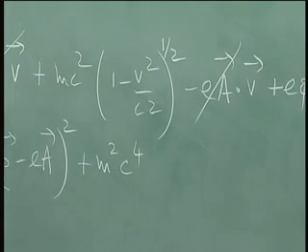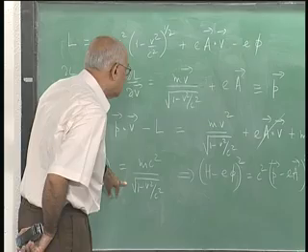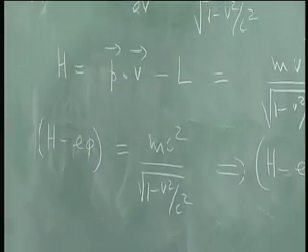If I use this quantity, I have mV squared and then I add the square of that plus m squared c squared, the V squared cancels out.